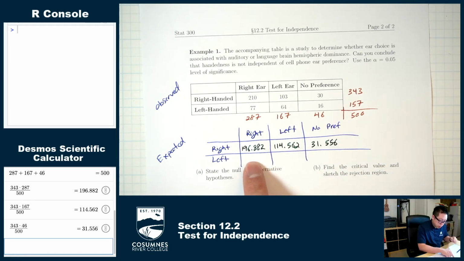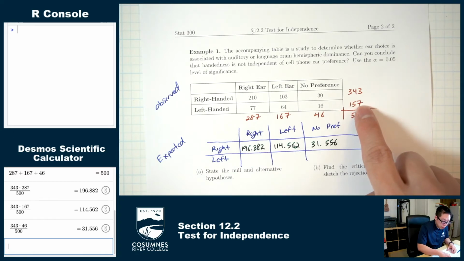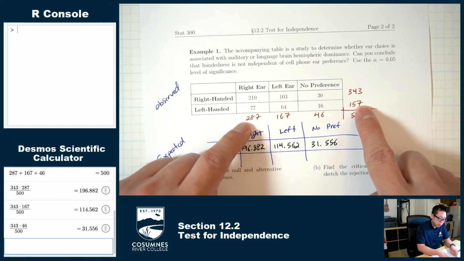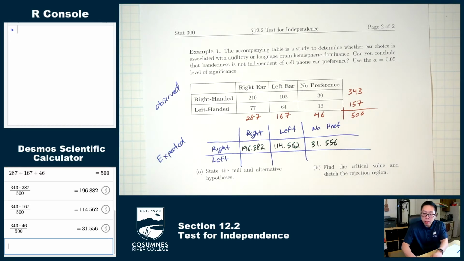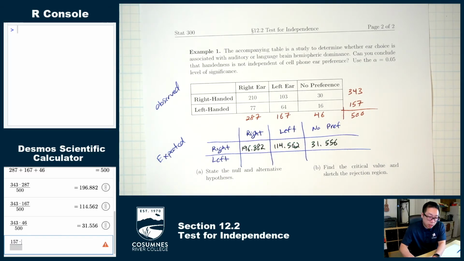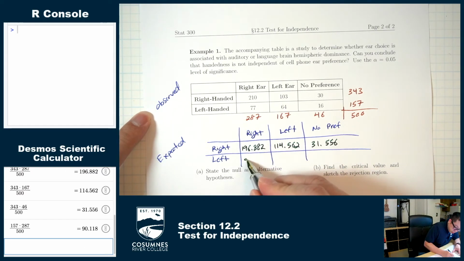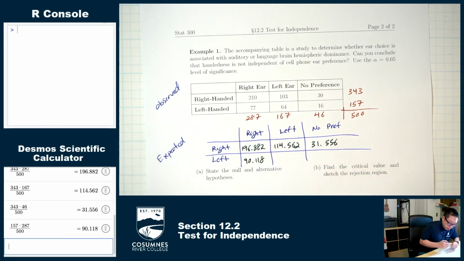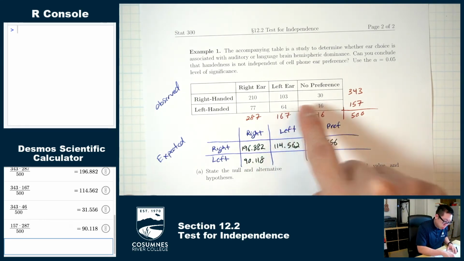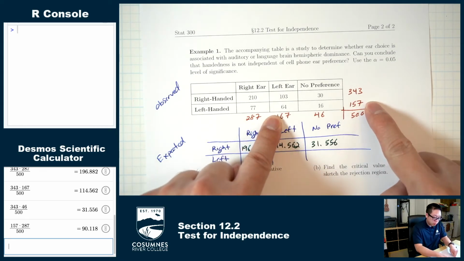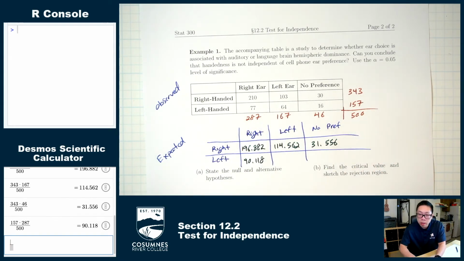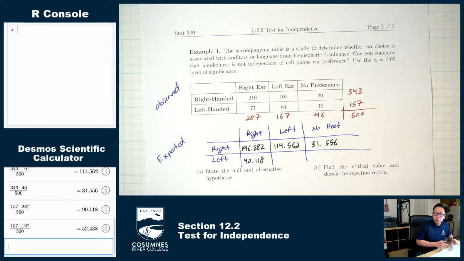Okay, bottom left here, row total 157 times column total 287 divided by total 500. That's going to be 157 times 287 over 500, 90.118. Next up, row total 157, column total 167 divided by total 500. 157 times 167 over 500, 52.438.